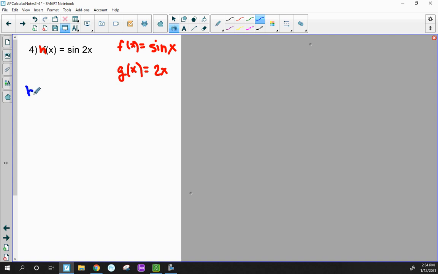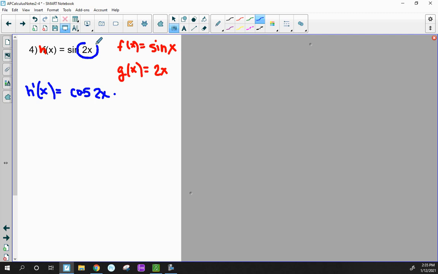I'm looking for the derivative of h. Using the chain rule, I find the derivative of the outside function first. So the derivative of sine x is cosine x. The derivative of sine 2x is going to be similar. It's going to be cosine, and you drop that down. Okay, then you're going to multiply that by the inside.